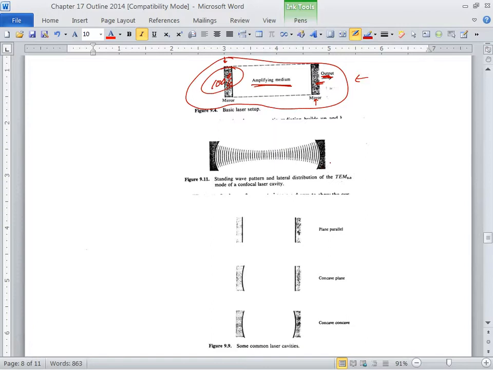Electromagnetic radiation, which consists of electric fields and magnetic fields. And since these are electronic transitions, they're probably more interested in drawing the electric field. So they're just standing waves of the electric field, showing how it's more intense, less intense, more intense, spread in that sense.